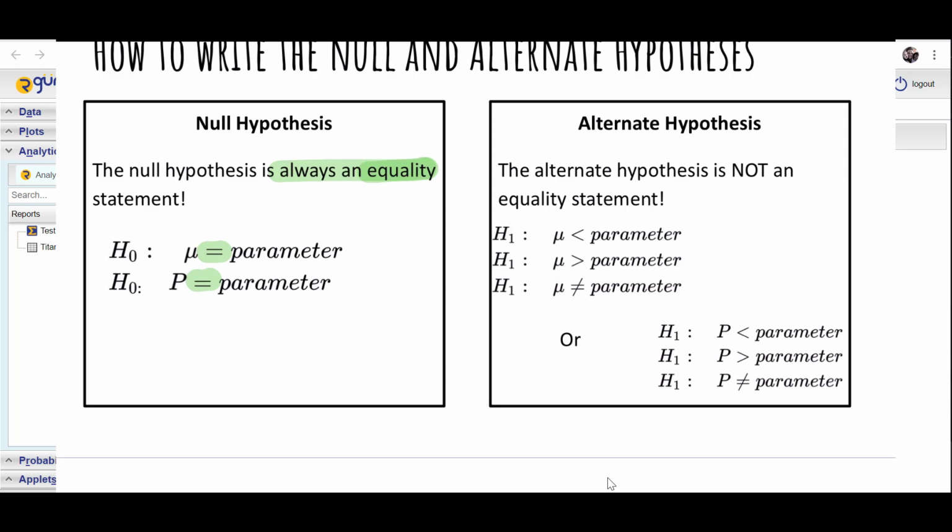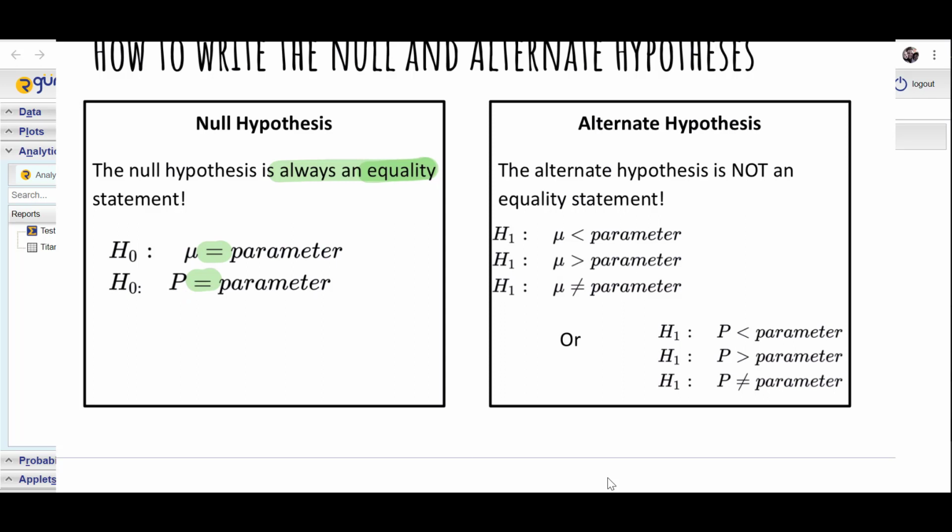There's always an equal sign. Now, you don't write two null statements. You only write one. But for the beginning, we're going to start by figuring out what kind of hypothesis test you are doing. Are you testing a mean, or are you testing a proportion? If you're testing a mean, then your null statement should start off with mu. If you're testing a proportion, it should start off with p.